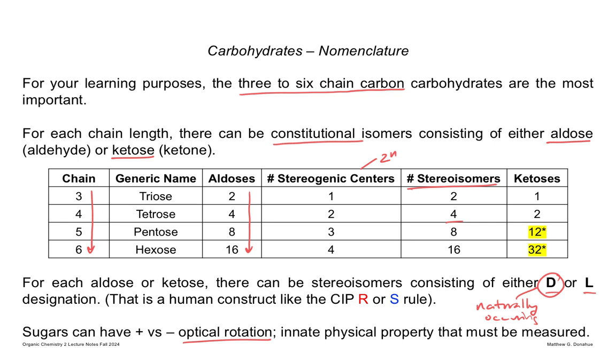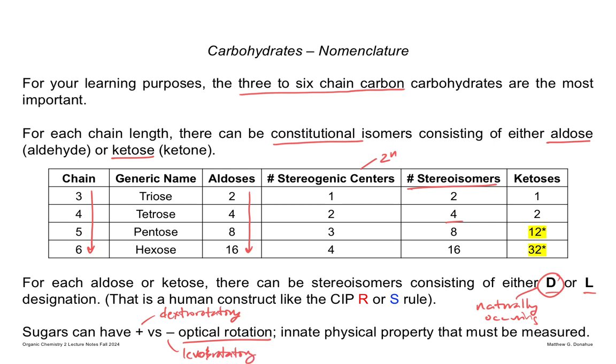When you put the sugar into a polarimeter, you get this sign plus or minus. The plus was called dextro-rotatory, and the minus was called levo-rotatory.